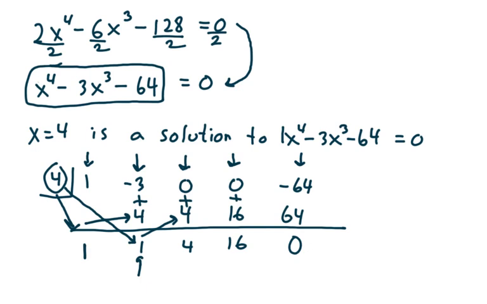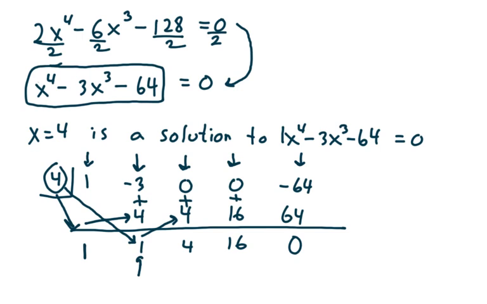And we're going to divide out everything by 2. And we get x to the 4th minus 3x cubed minus 64 equals 0. Now, x equal 4 is a solution to x to the 4th minus 3x cubed minus 64 equals 0. And I did that by the rational root theorem.